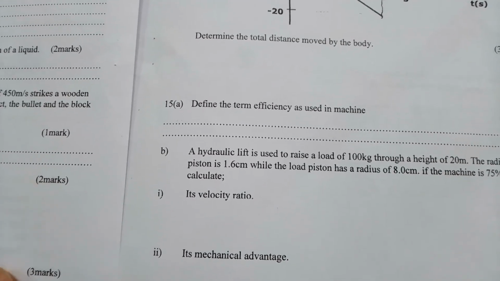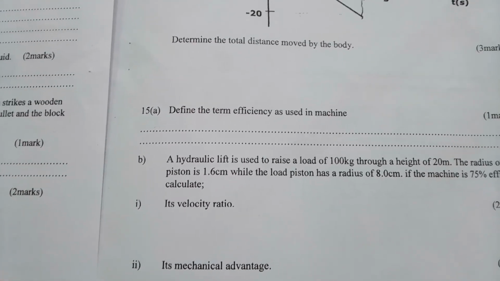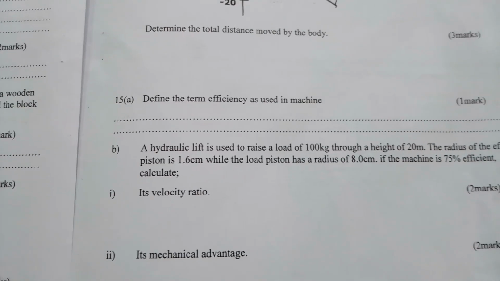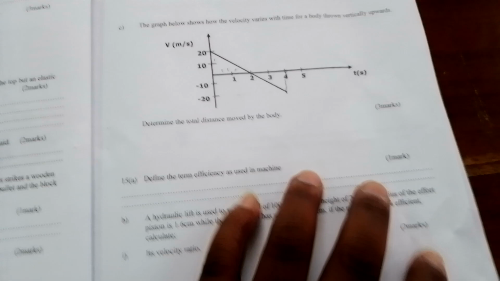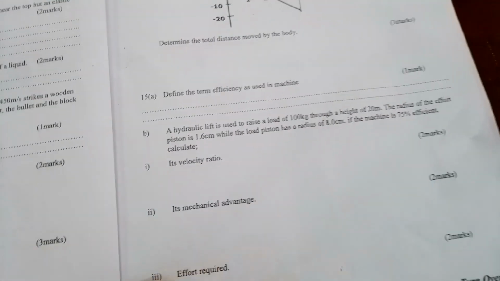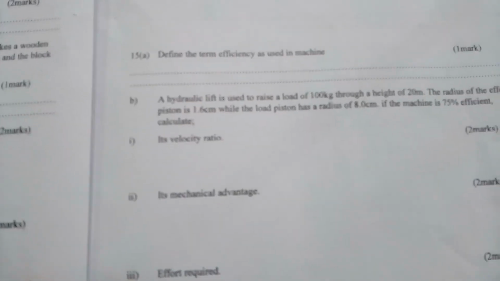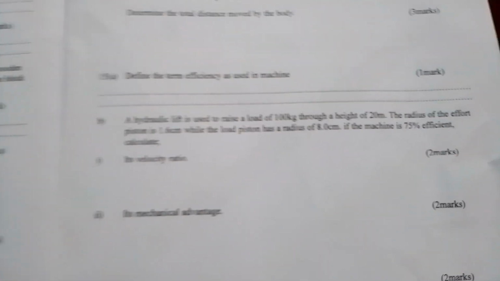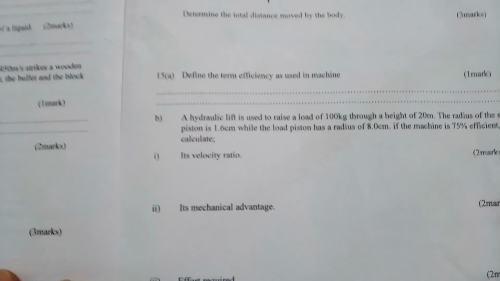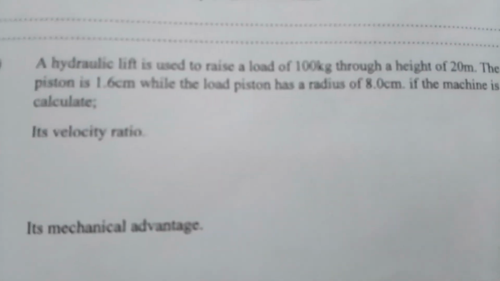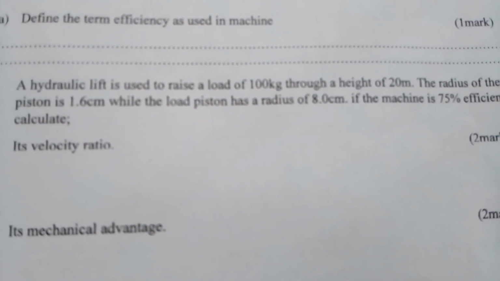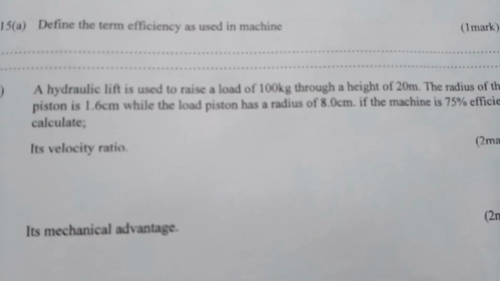Define the term efficiency as used in machines. Then we also have part B of question 15. A hydraulic lift is used to raise a load of 100 grams through a height of 20 meters.